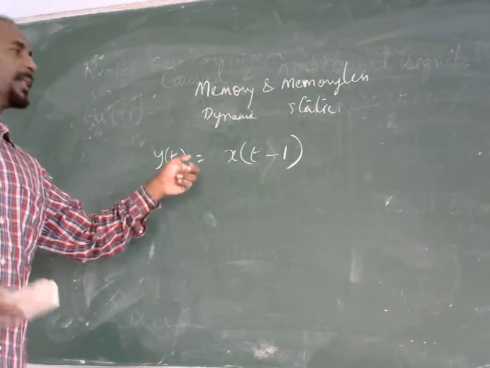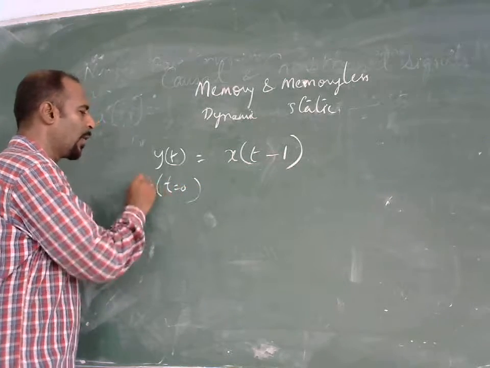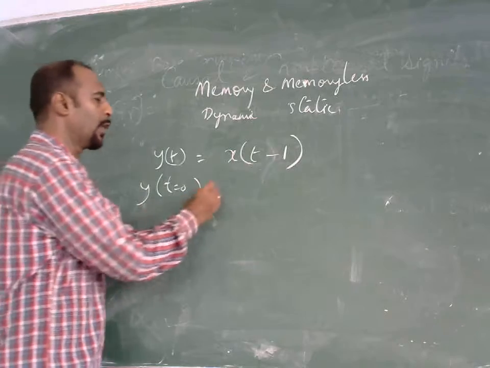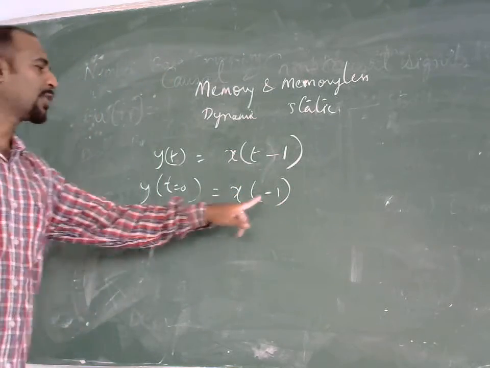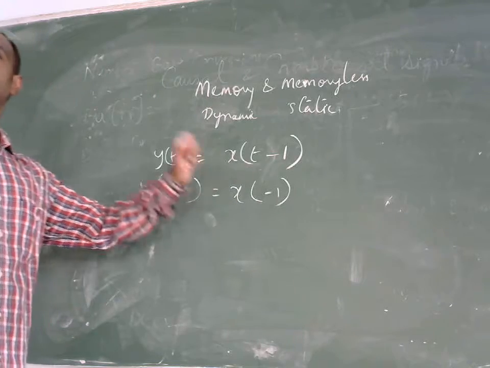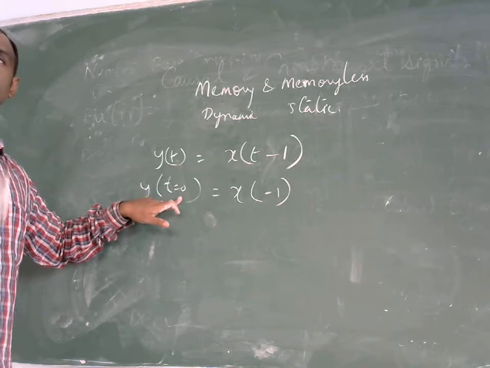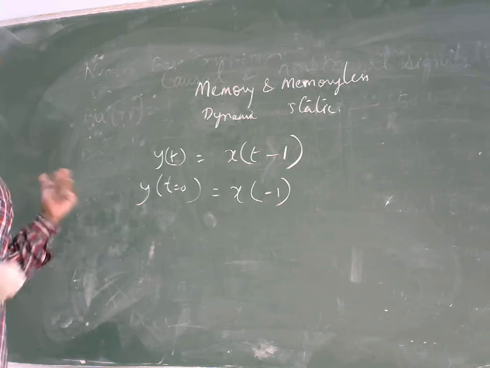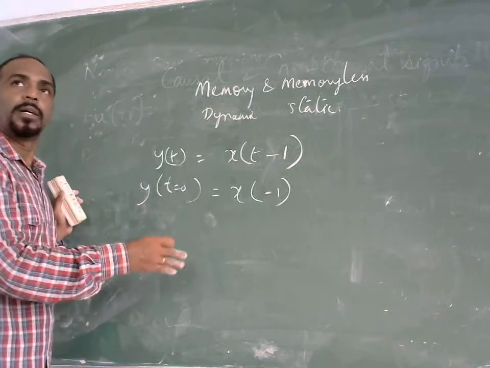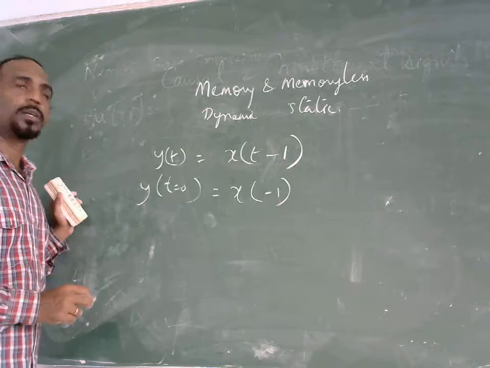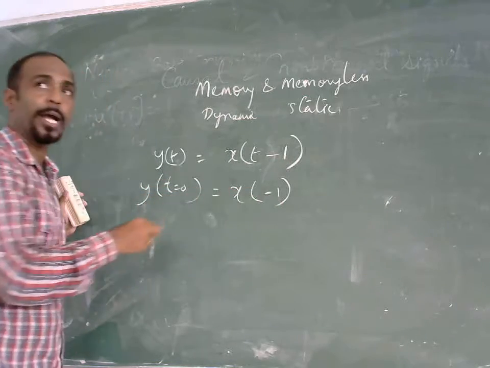Now here, at t equals 0, y of 0 is equal to x of minus 1. What is x of minus 1? It depends on the past value. We are talking of 0, but the output depends on the past value, which is to the left.